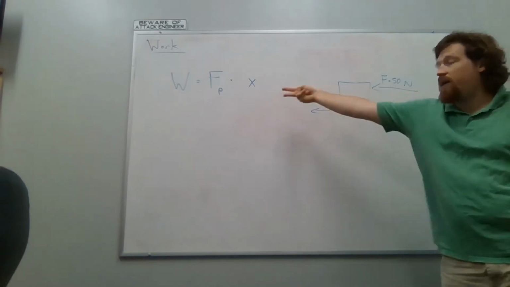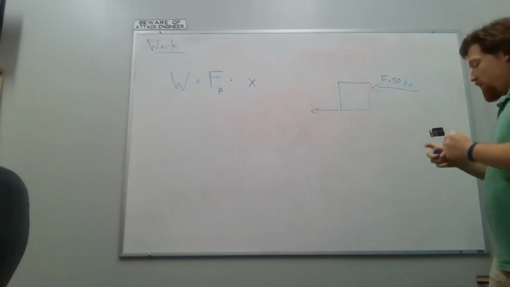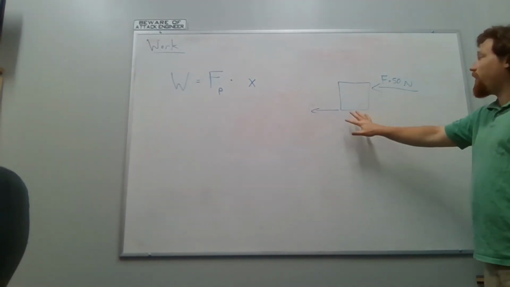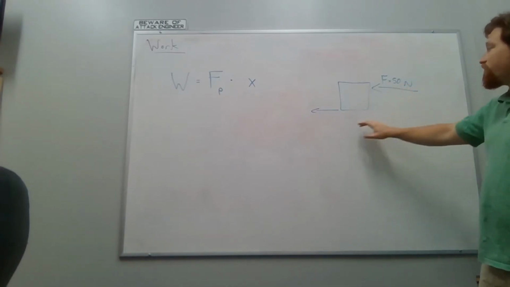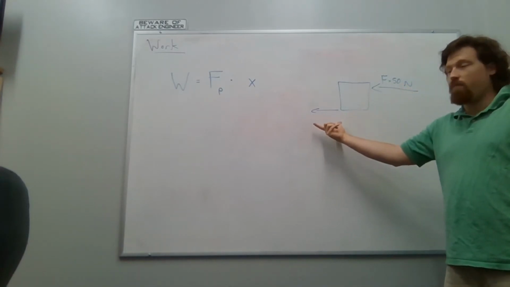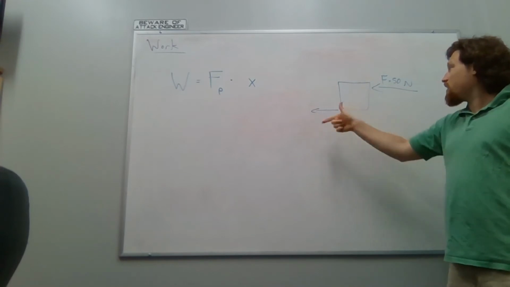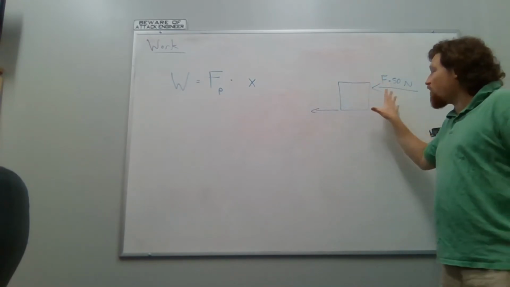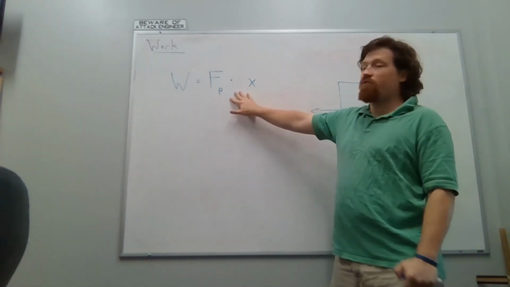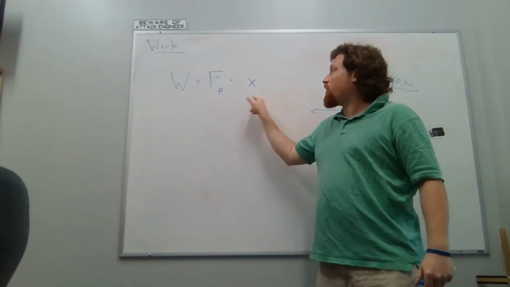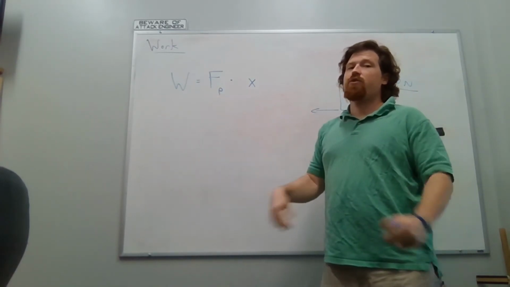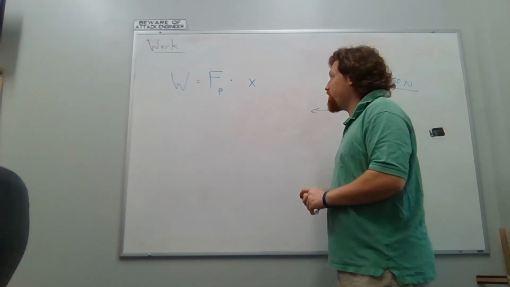They're in the same direction. And because they are parallel, if I exert 50 newtons of force and the box slides 1 meter, they're in the same direction. These are fine variables to plug into our formula here. These two things are parallel to one another, so they are safe to plug into the formula.